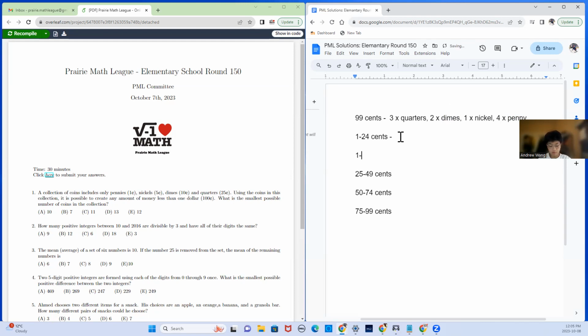From 1 to 4 cents, you can just fill up with 4 pennies.